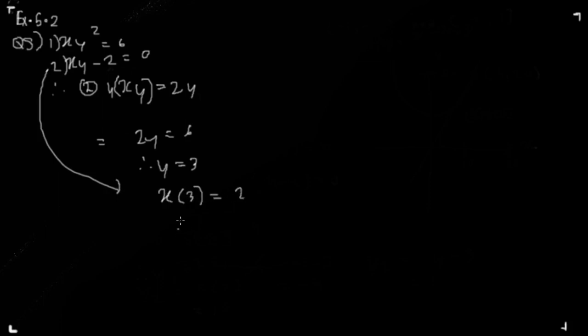So from here, 2y is equal to 6, therefore y is equal to 3. So let's take this: x times 3 equals 2, right? So that means 3x is equal to 2, x is equal to 2 by 3. That is the answer.